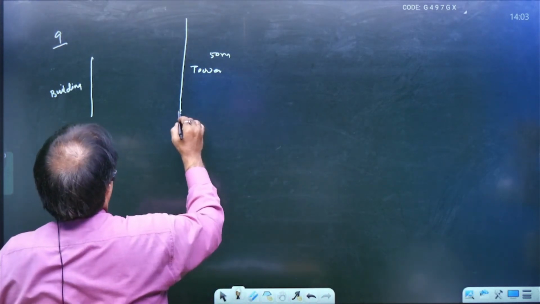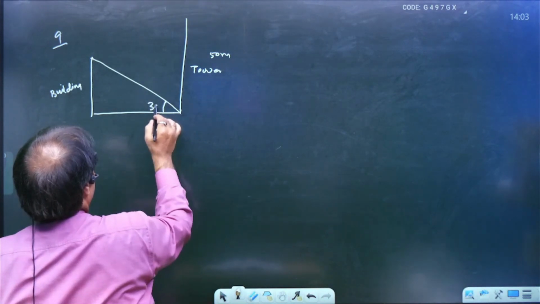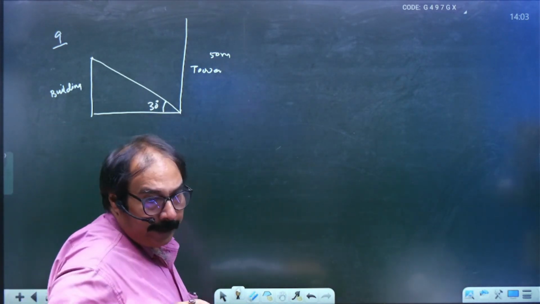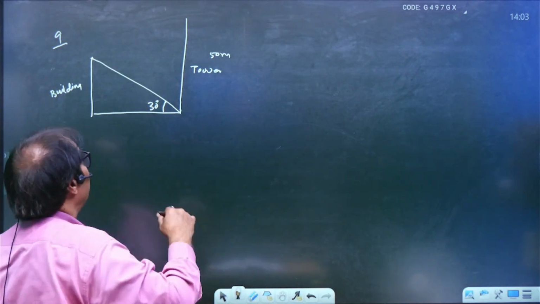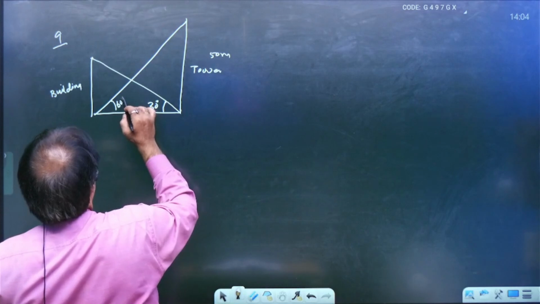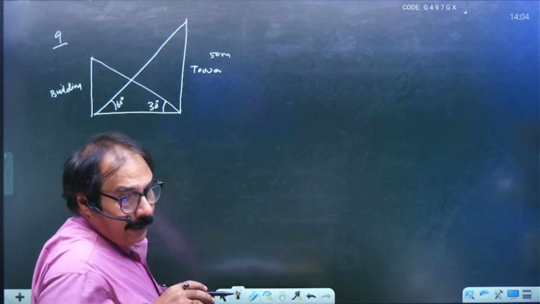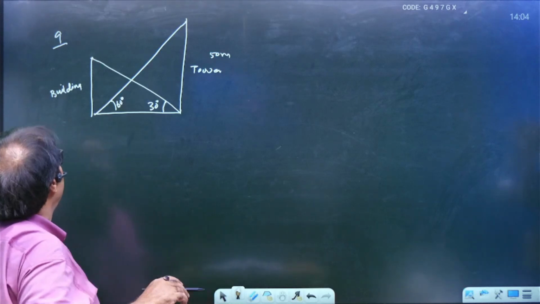So this is the foot of the tower and this is the top of the building, and this angle of elevation is given as 30 degrees. The angle of elevation of the top of the tower from the foot of the building is 60 degrees. Then we have to find the height of the building.